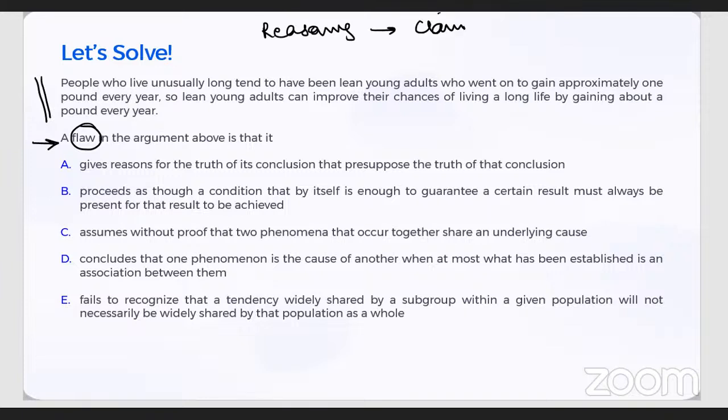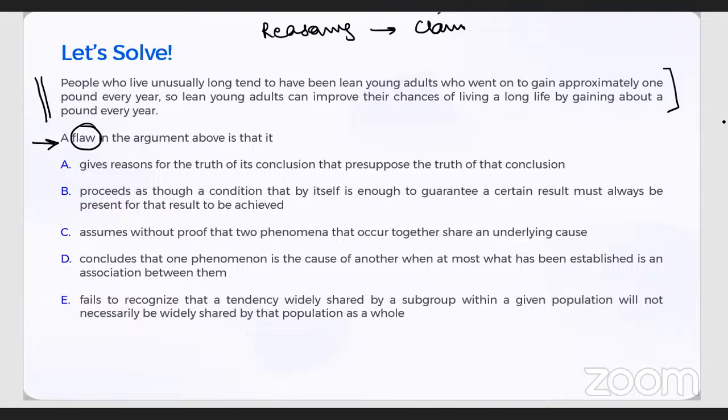Okay, let's see what the argument is saying. Very short argument, but don't be fooled by the length of the argument. The argument states that people who live unusually long lives tend to have been lean young adults who gained approximately 1 pound every year. This is the reasoning that is being presented.